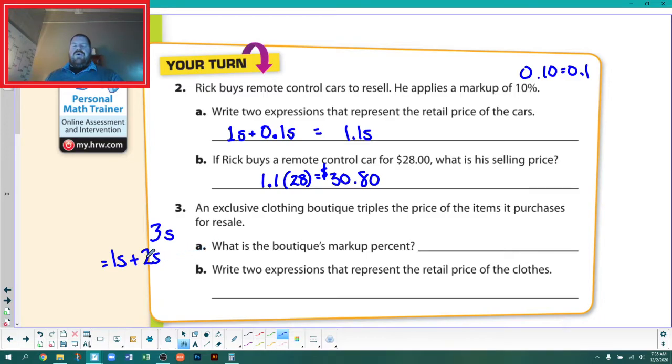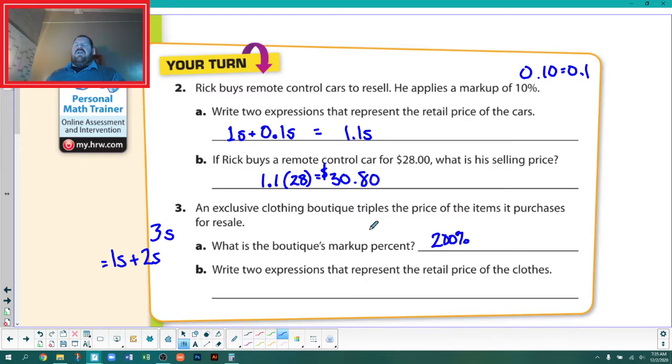And the number 2 as a percent is 200%. So this boutique is selling it for 200% of its original price. Or sorry, a 200% markup.